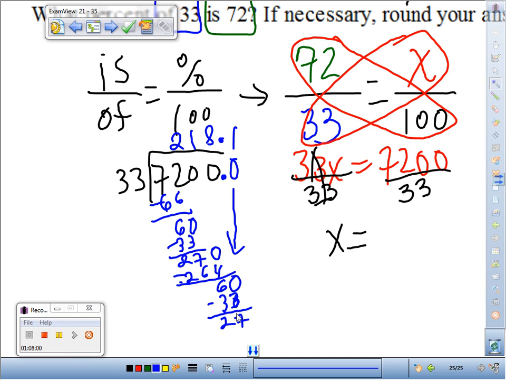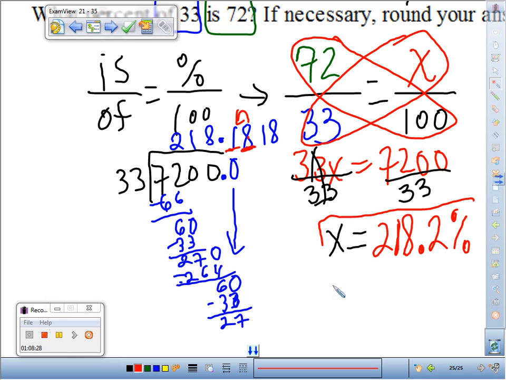Is it going to repeat? So that means the next one is 8, and the next one is 1, and the next one is 8. But they want us to round to the nearest tenth. Which is the tenth? It's not the 8, it's the 1. So what does this become? A 2. So my percent is 218.2%.